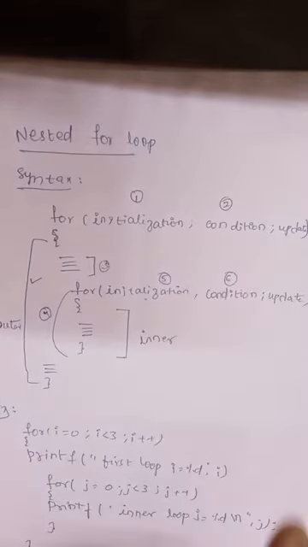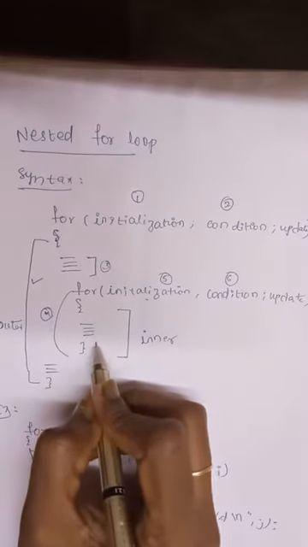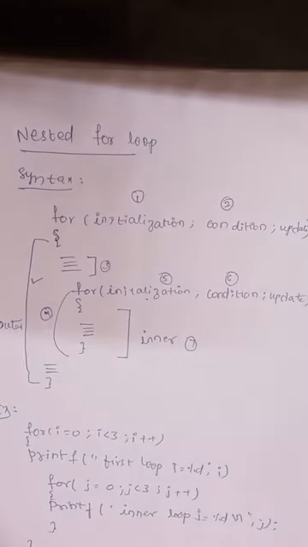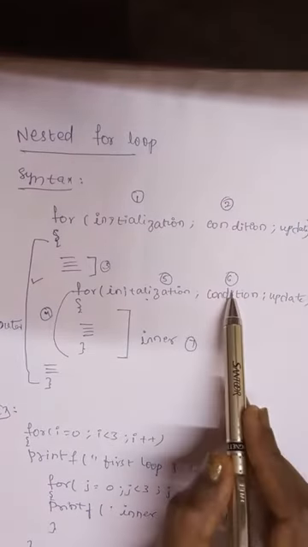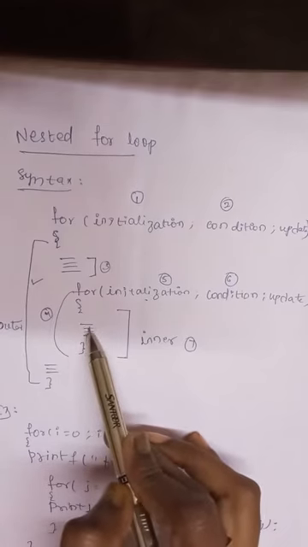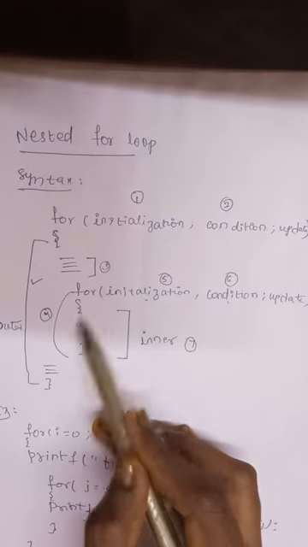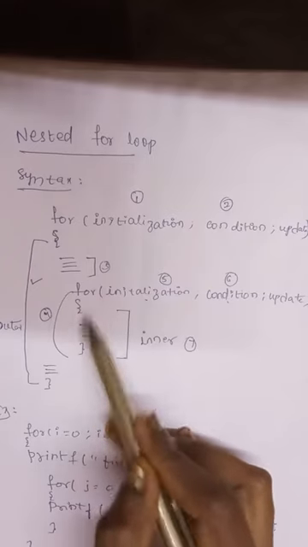If the condition of the inner for loop is true, then the inner statements are executed. That means only if this condition is true, this block is going to be executed. If this condition is false, then it executes the statements after this for loop.